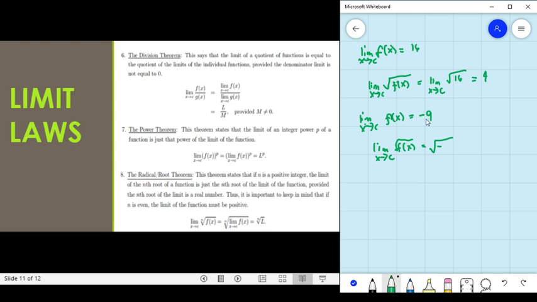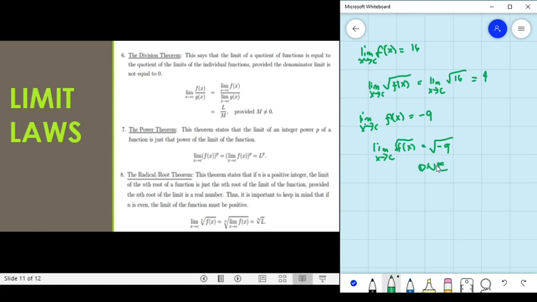Since our limit is -9, and there is no such real value of the square root of -9, it is undefined. So therefore, we can say that the limit does not exist because it is not a real number.